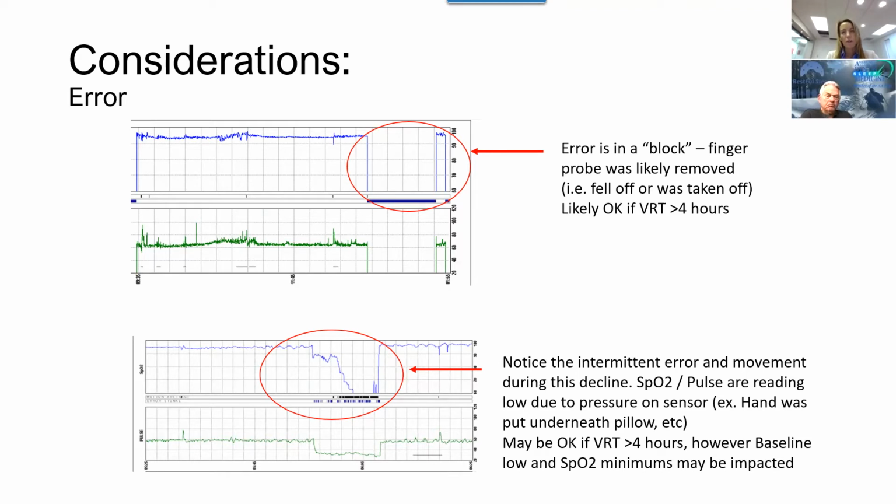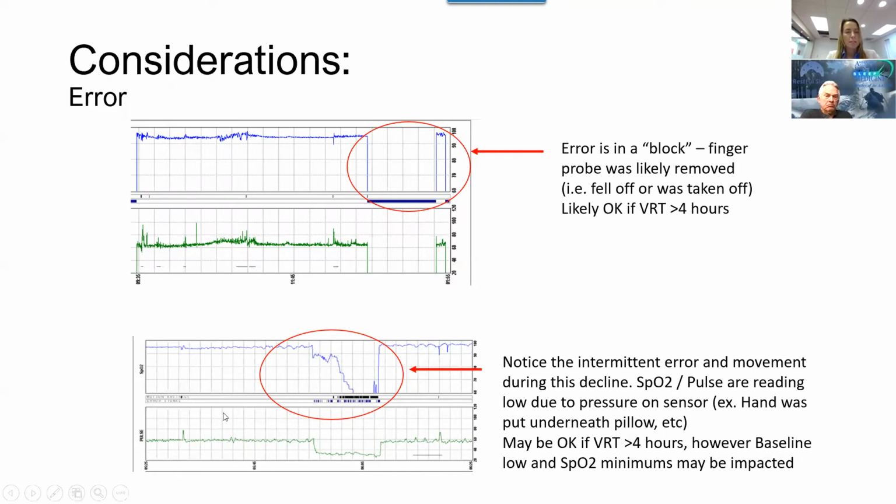We also see this quite often when for some reason either the patient leaves the oximeter on at the end of the night, or in the case of the Minolta, it doesn't turn off. So you might see something like this as well. So that can increase the amount of error percentage during the night, but you'll still likely be okay if there's 4 hours of valid recording.